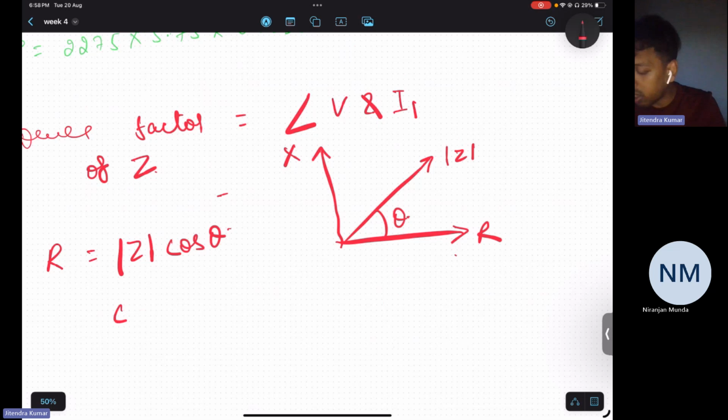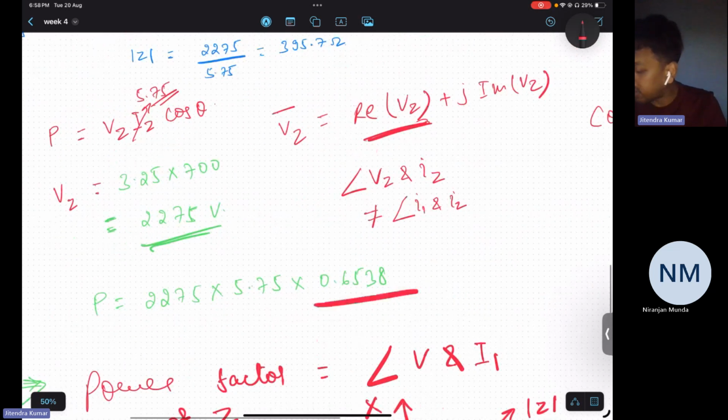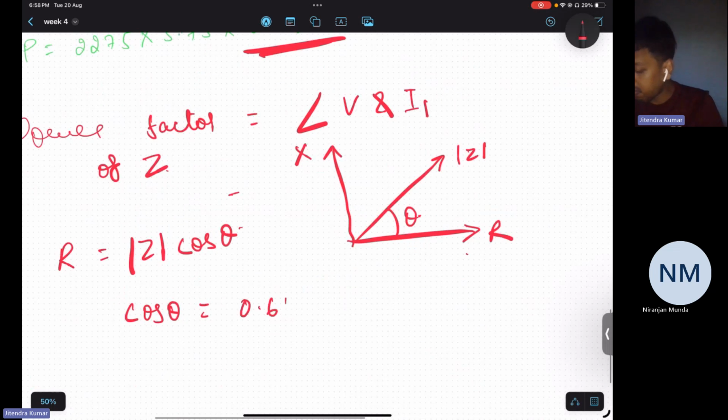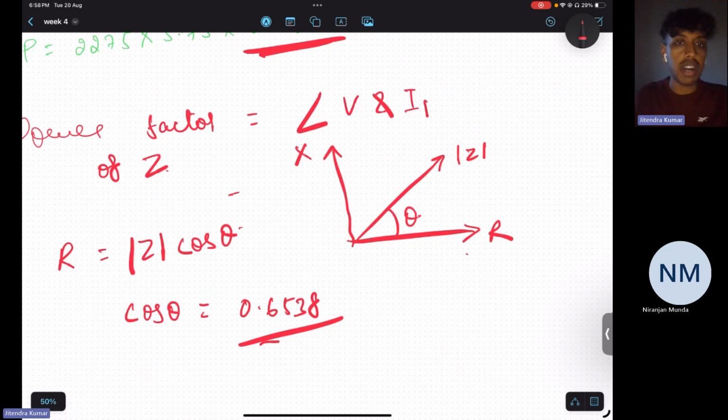And this cos theta we have already calculated, isn't it? 0.653. We have already calculated this part in the earlier problem. So it will be 0.653.